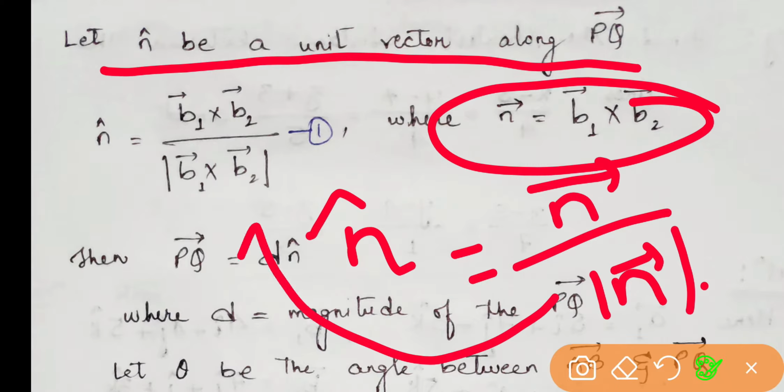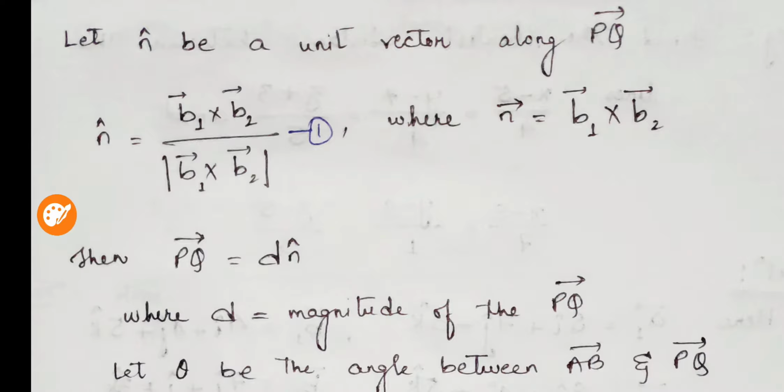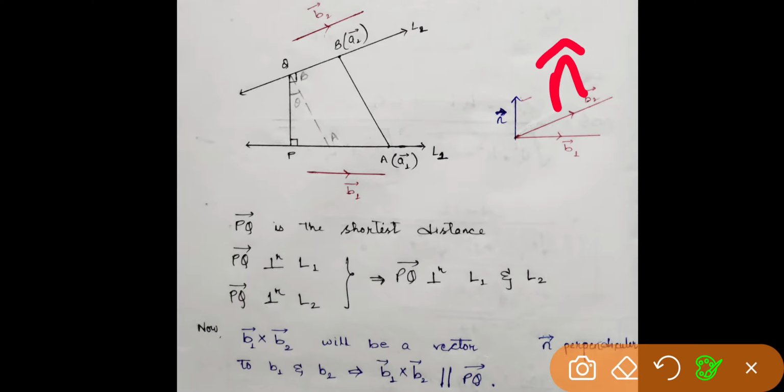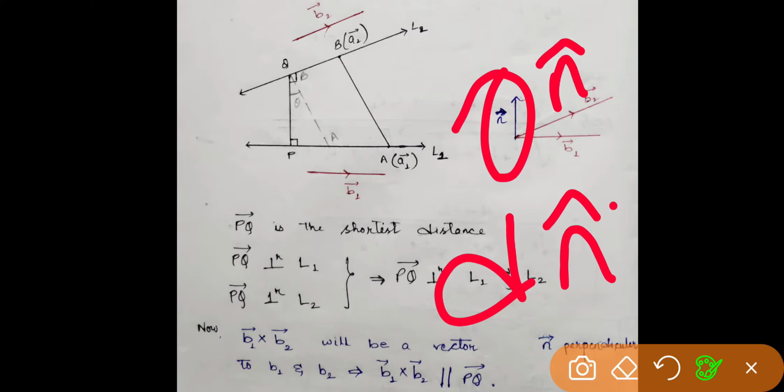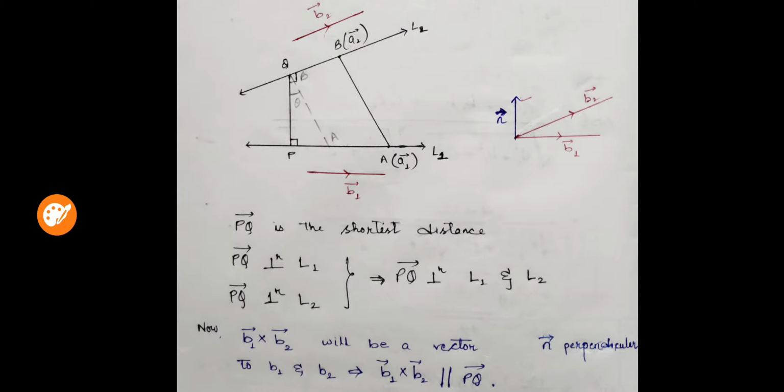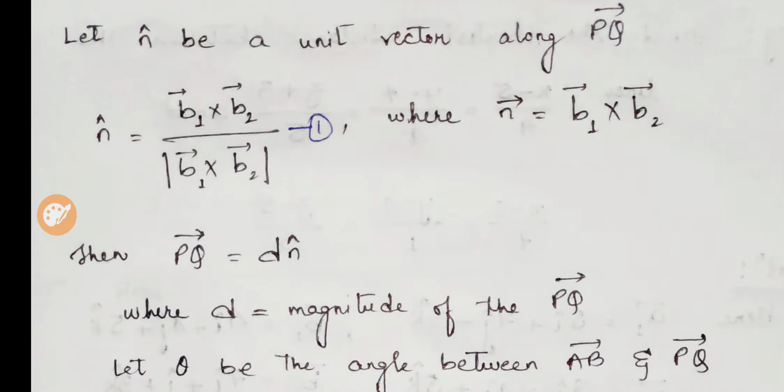Which is ultimately this, because n is b1 cross b2. Once we find this n cap, I will multiply that with some constant and assume that it will be PQ. This d is unknown, so I will multiply with d and say that it is PQ. We will find d later; that is what we need to find.